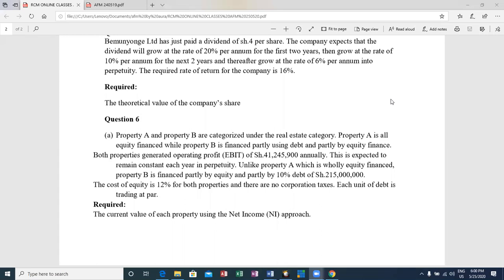So we are valuing this particular property, which is all equity financed. Mwalimu, we don't want your free class.